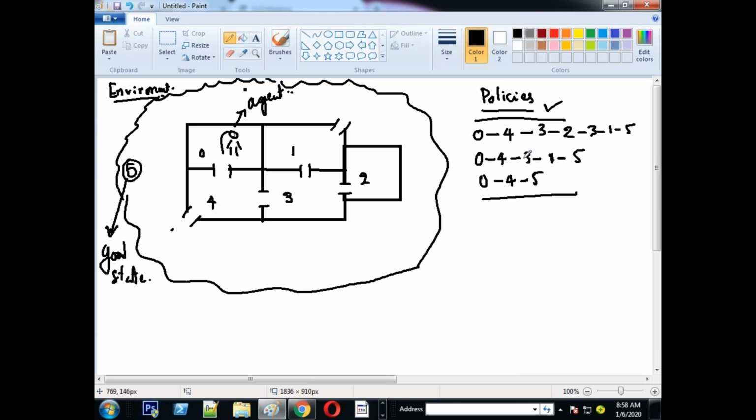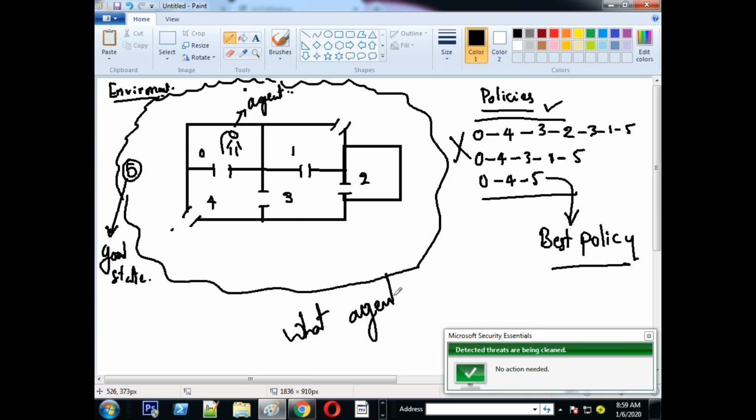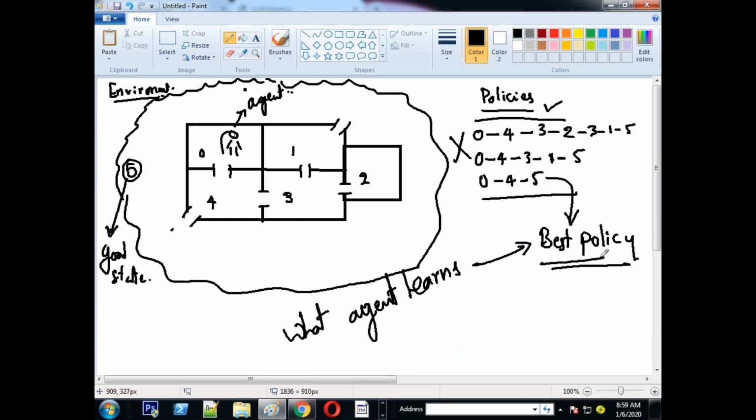Last one. Here, policy 1 and policy 2, all these are bad policies. This is the best policy. Finally, what the agent learns, your answer: in this example, the best policy is 0 to 4, 4 to 5.